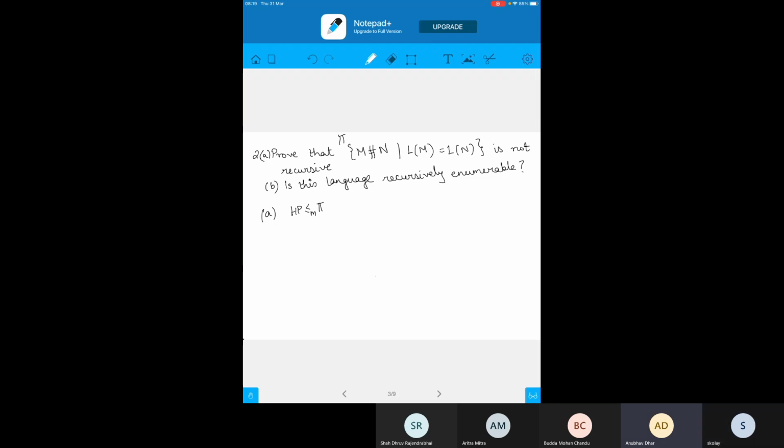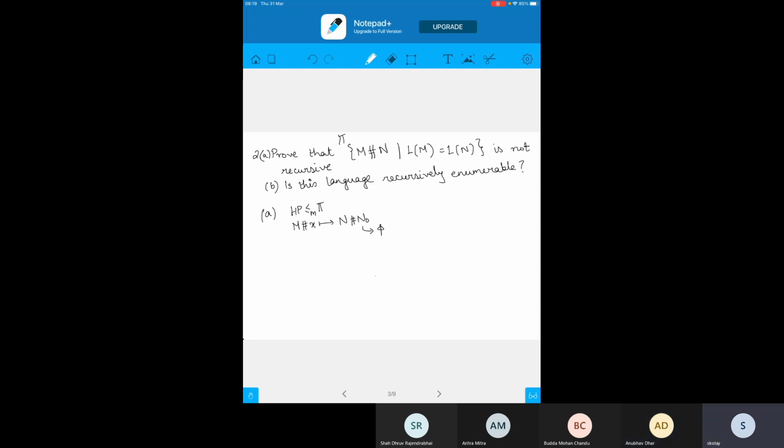We will output N hash N naught, where N naught is a known Turing machine with the language phi, and N simulates as before, such that the language is sigma star if M halts on X and phi if M does not halt on X.